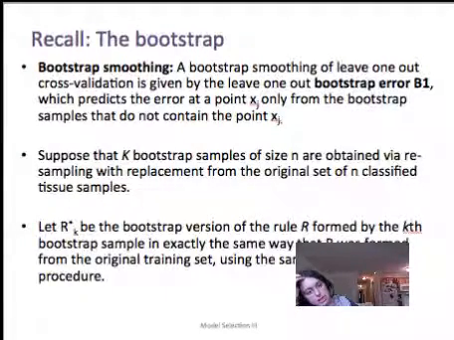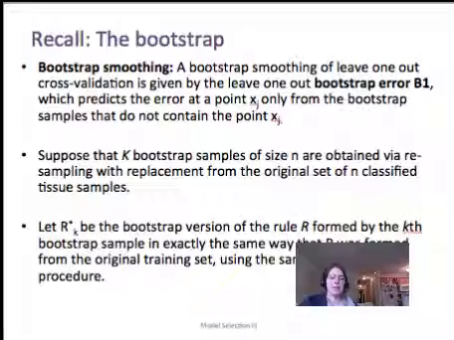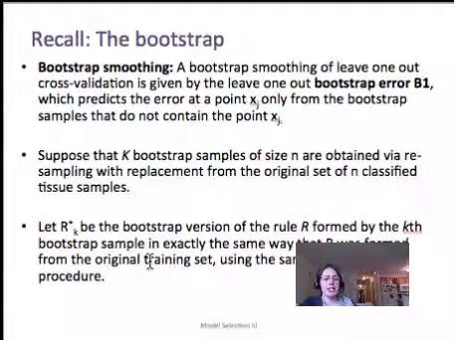Suppose that k bootstrap samples of size n are obtained via resampling with replacement from the original data set of n classified tissue samples. Then r star k is the bootstrap version of the rule formed by the kth bootstrap sample in exactly the same way that r was formed from the original training set. Using the same exact gene selection procedure. So you're bringing it in right at the beginning.